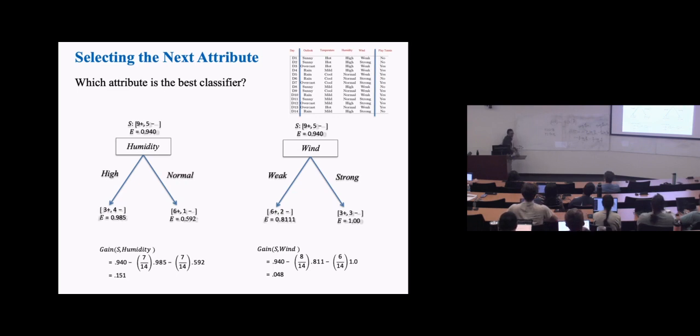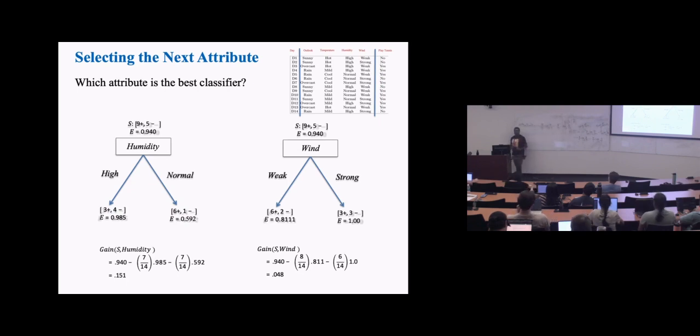So what is the entropy of play tennis if I don't give you any other information? What is that? Right. So you have 9 over 14 log 2 9 over 14 minus 5 over 14 log 2 5 over 14.